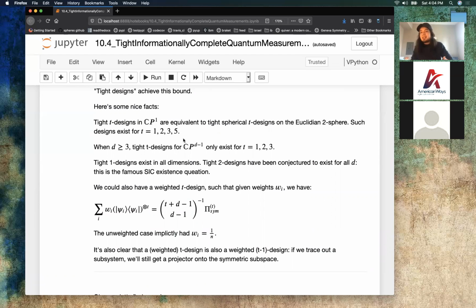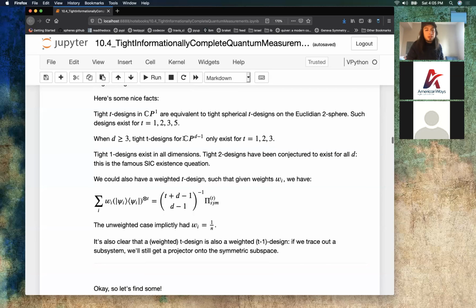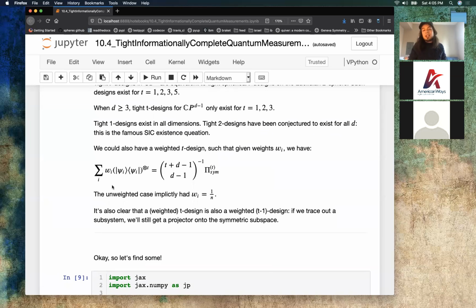Tight 1 designs exist in all dimensions. Whether tight 2 designs exist for all dimensions is the famous question of whether SICs exist for all complex dimensions. It's conjectured to be true and no one knows. We can also extend the notion to a weighted T design, where each of the projectors has a little weight.